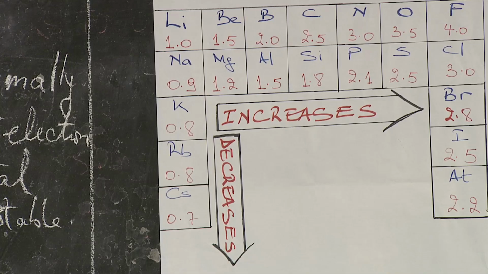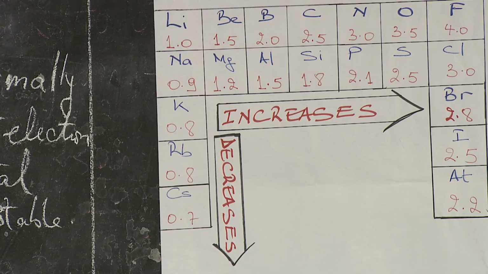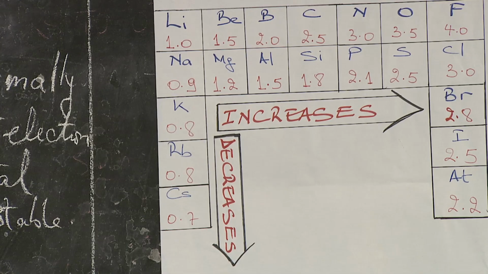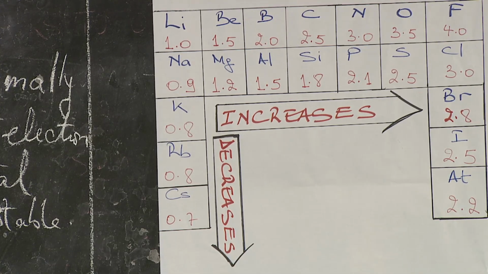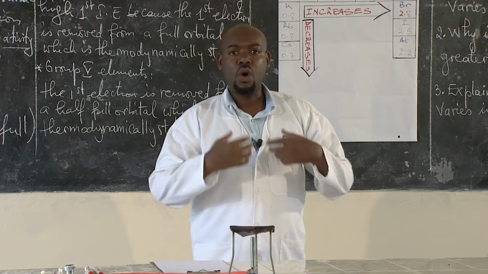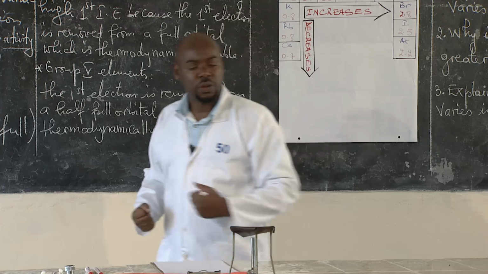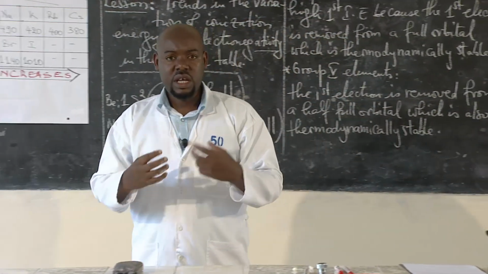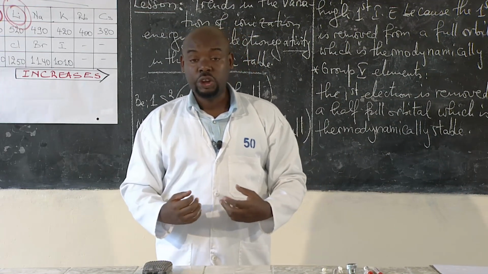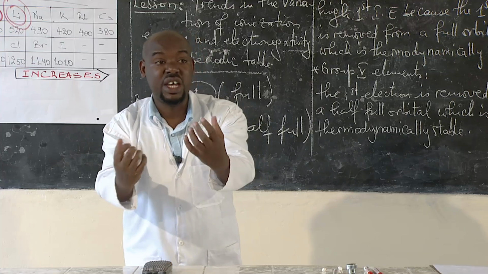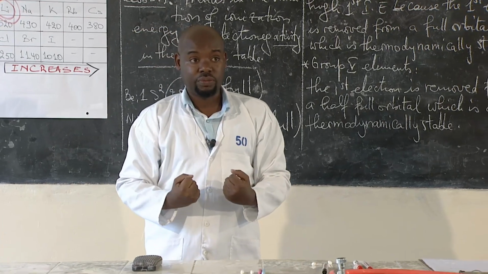And as we move across the period, the atomic size or the atomic radius decreases. It is decreasing because the atom is getting a stronger nuclear attraction, so the electrons experience a stronger attraction too.